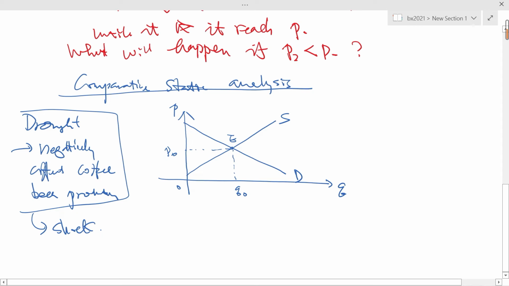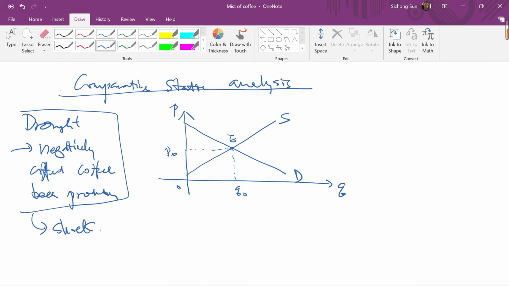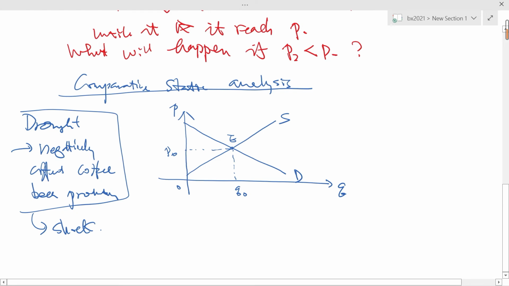Then what we want to do is use this supply and demand diagram to analyze how the market will respond to this shock. And in doing so, we usually need to distinguish between short run and long run.